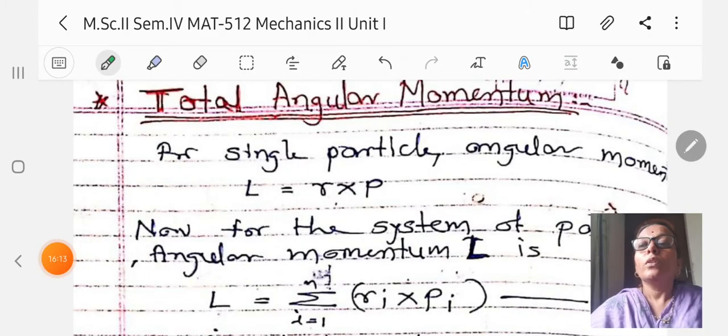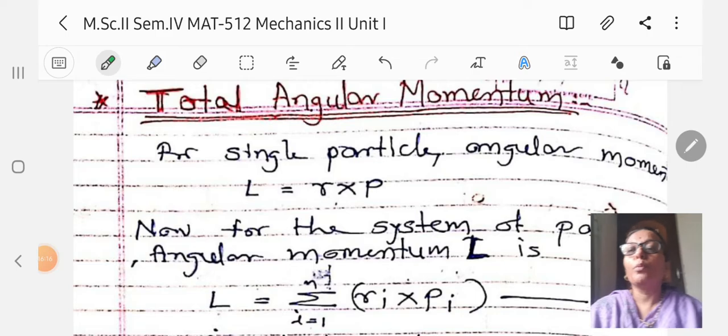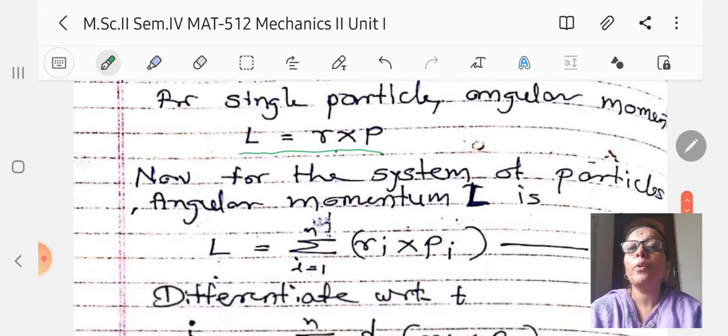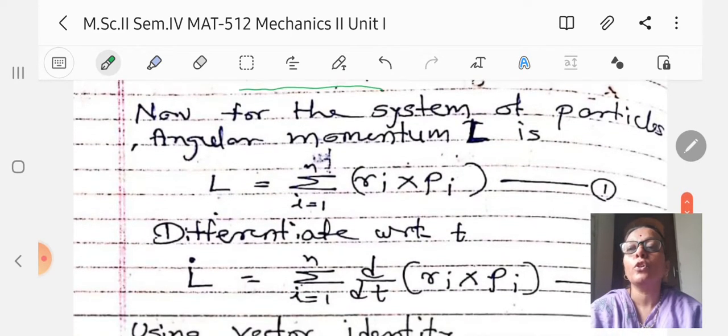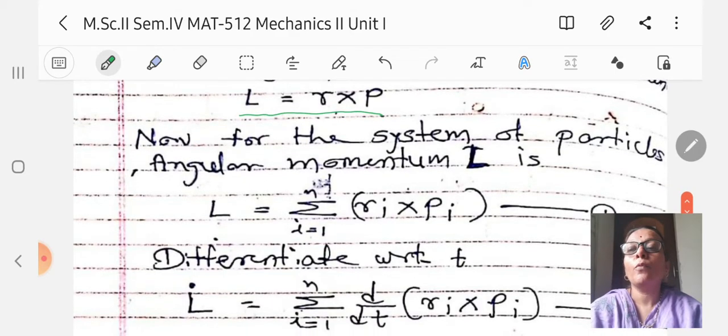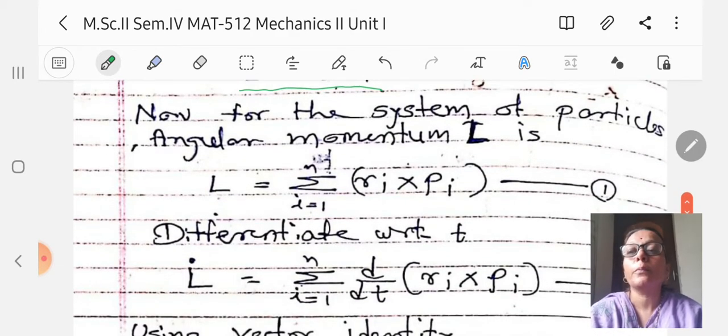Now the total angular momentum. We know that for a single particle the angular momentum was L equal to r cross p, and for a system of particles, the angular momentum L becomes L equal to summation of i from 1 to n of Ri cross Pi.